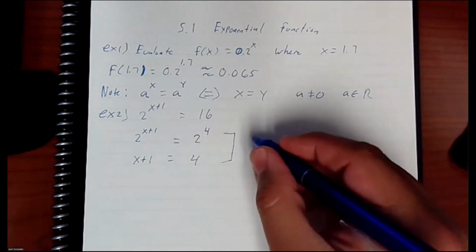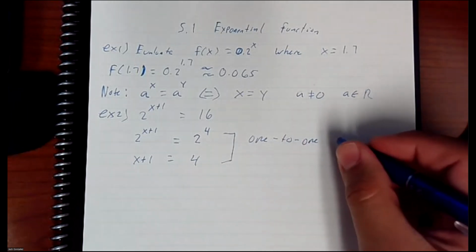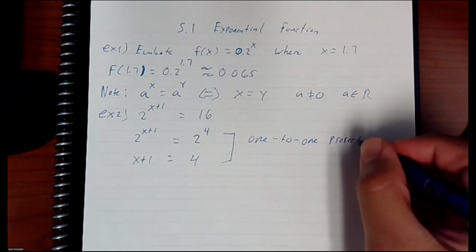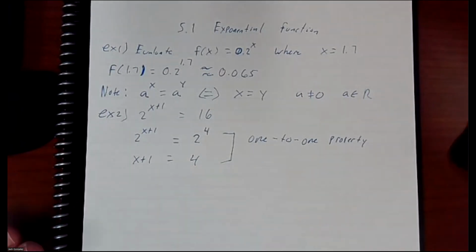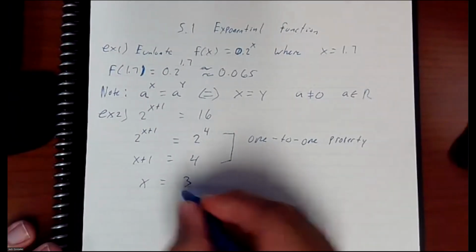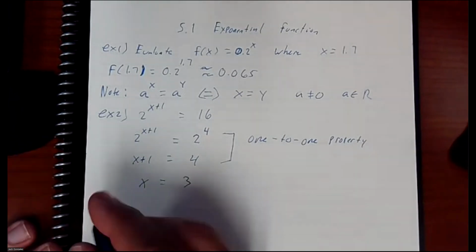From here to here is the one-to-one property. So at this point, x has to be 3. Any questions on example 2?